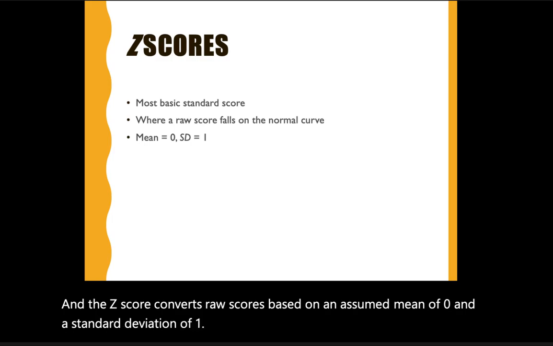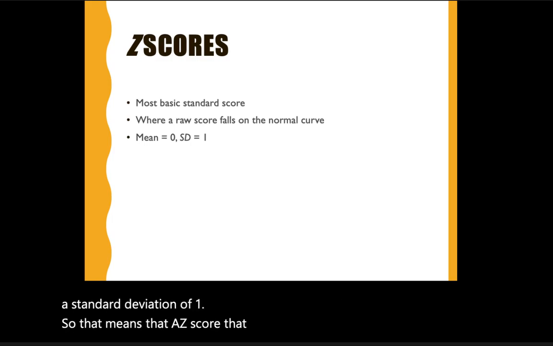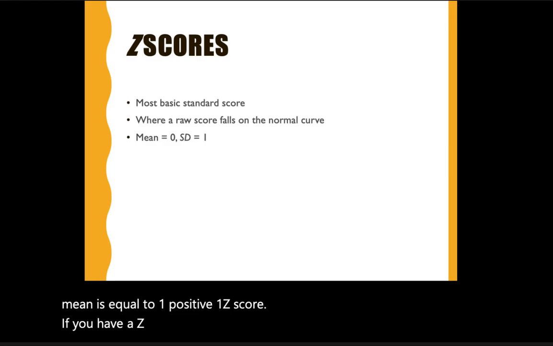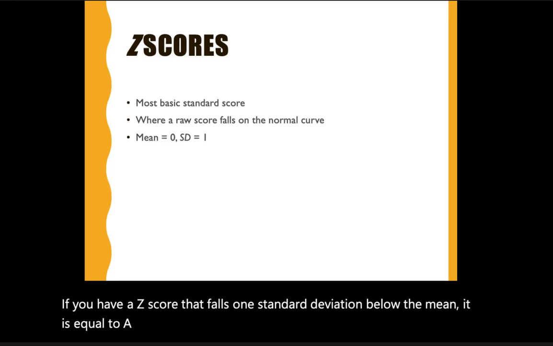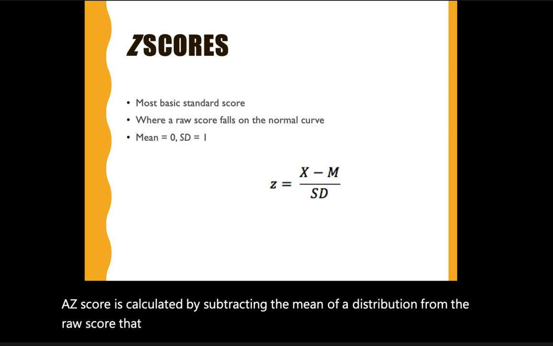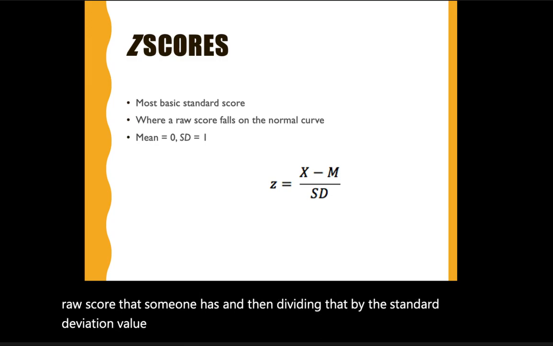So a Z-score that falls one standard deviation above the mean is equal to a positive 1. If you have a Z-score that falls one standard deviation below the mean, it is equal to a negative 1. A Z-score is calculated by subtracting the mean of a distribution from the raw score that someone has, and then dividing that by the standard deviation value of that distribution.